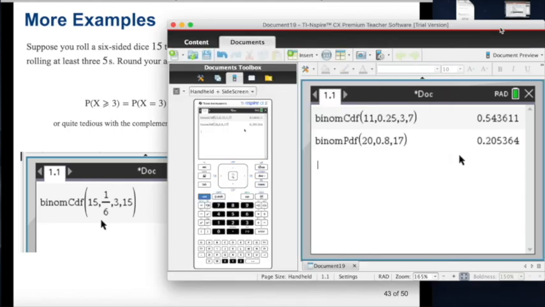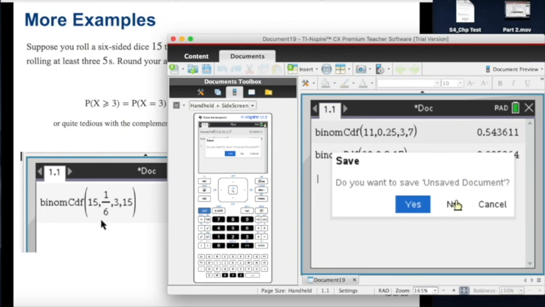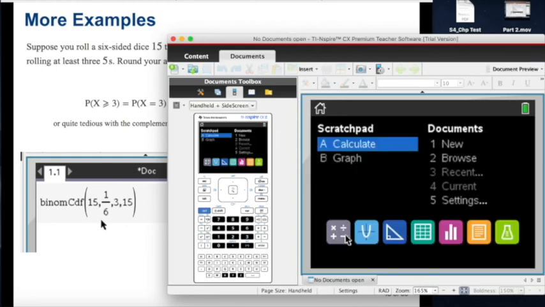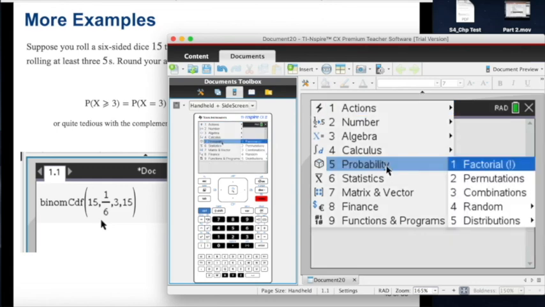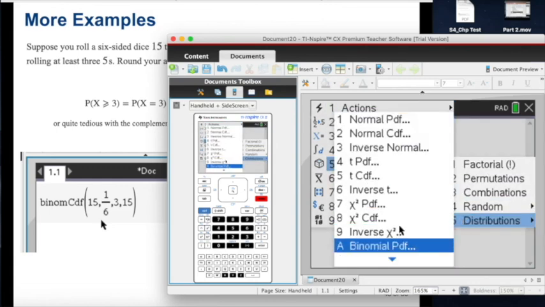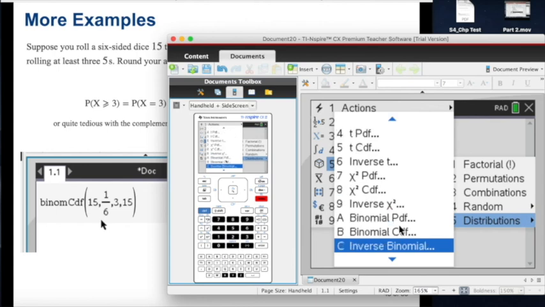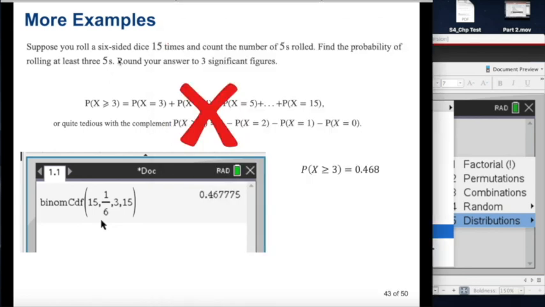Okay, so again, what you can do, let me just erase this. You go to calculate, menu, probability distribution, and in this case we want at least 3 5s when we roll a 6-sided dice 15 times.